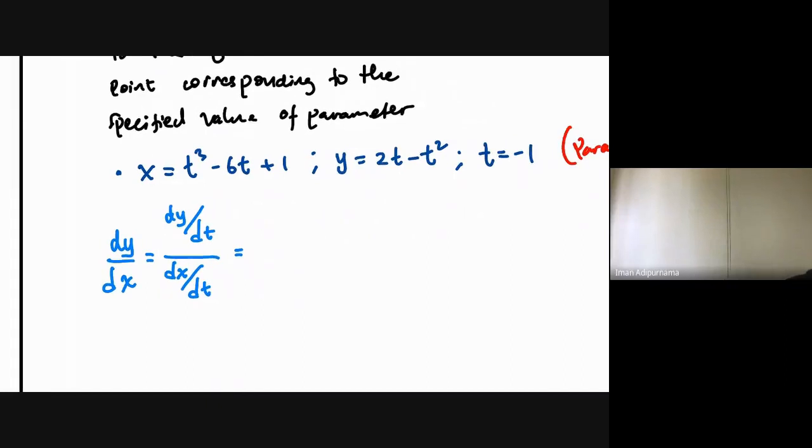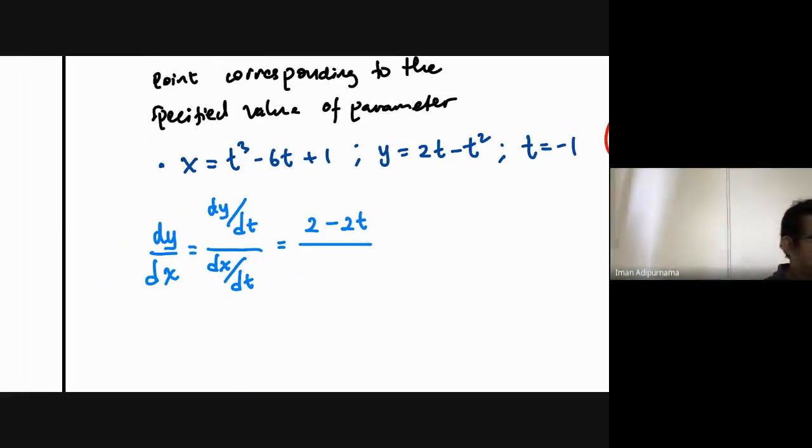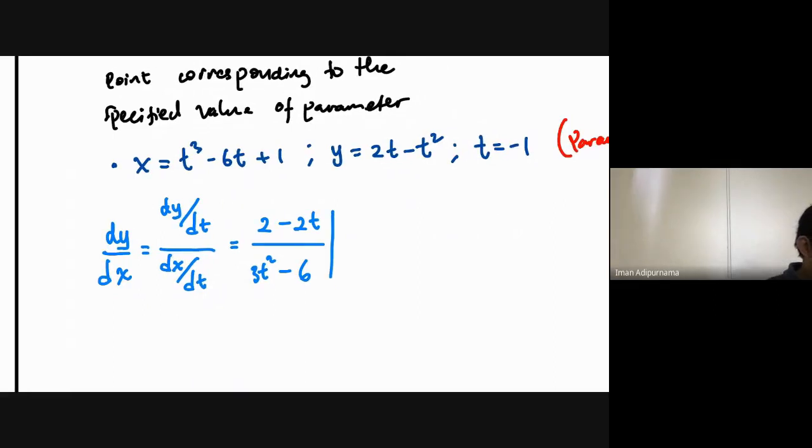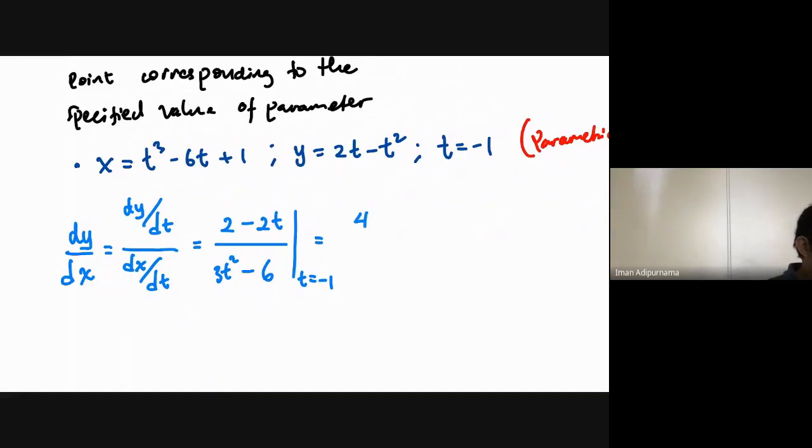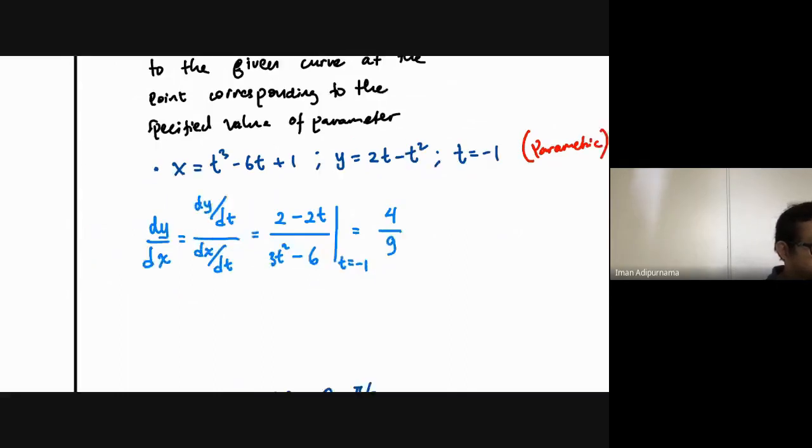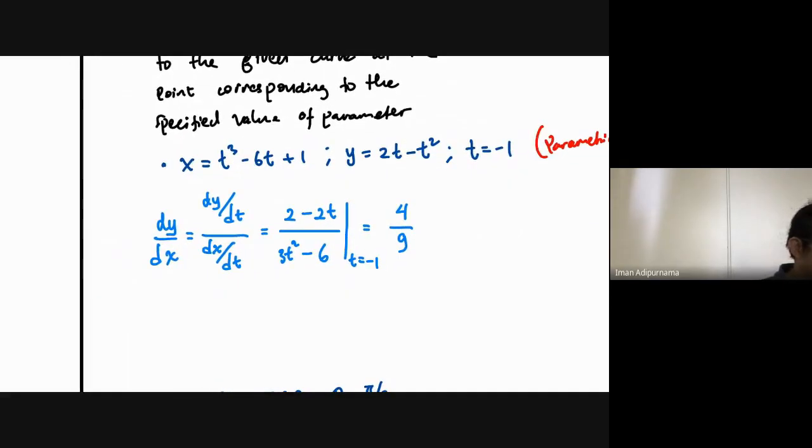So dy over dt is 2 minus 2t, and then dx over dt is 3t squared minus 6. And we need to evaluate at t equal -1, which gives us 4 divided by -3.